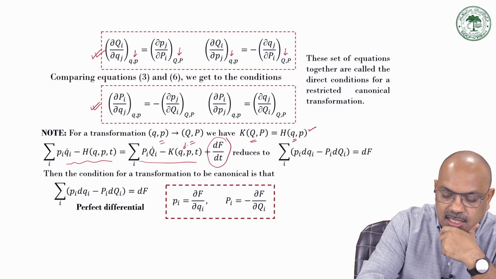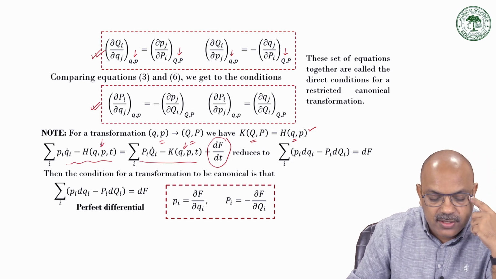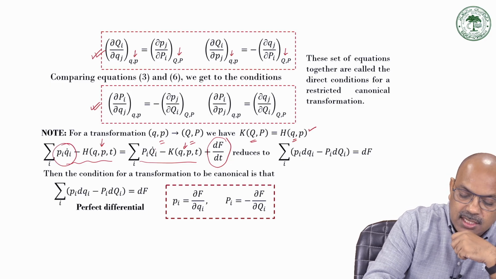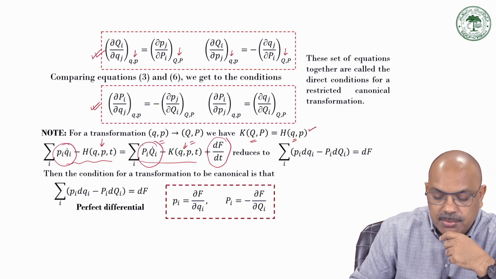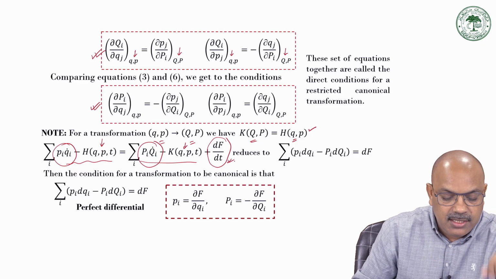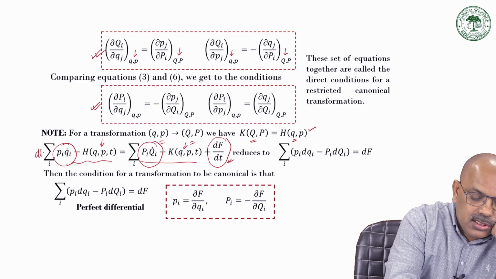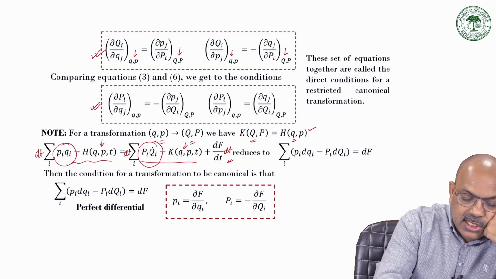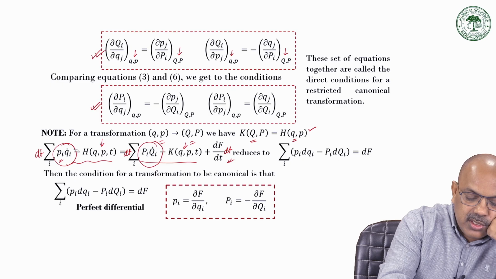So my K and H are equal, so we get rid of this, and then what we have is p_i q dot, this capital P and capital Q dot, and this function del F by del t. Okay, if I multiply by dt here, what I'm going to get is p_i dq, because dq is dq by dt times dt.